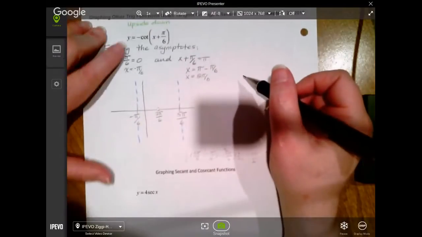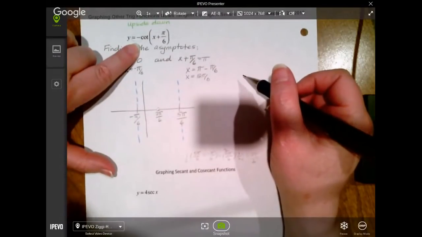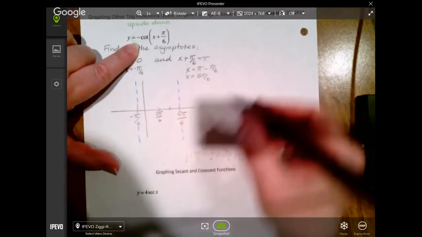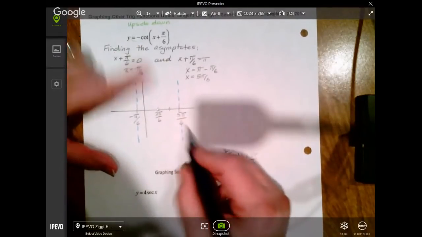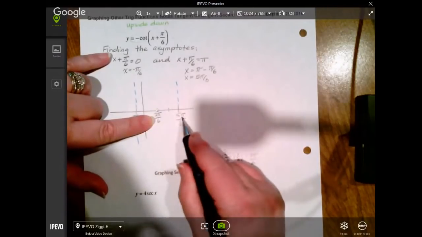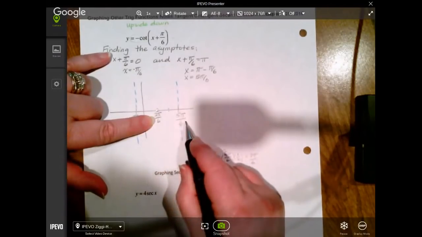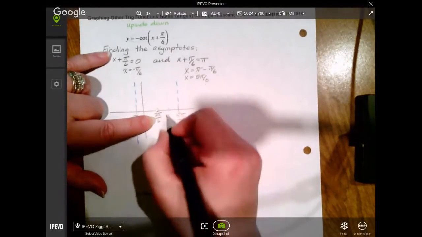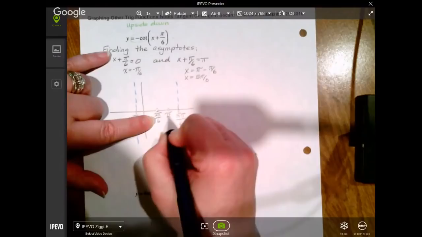All right, so this is a negative cotangent graph. Halfway between, we have to figure out what halfway is there. So how do I do that? I'm going to average these two points. 2 pi over 6 plus 5 pi over 6 is 7 pi over 6 times 1/2, which is 7 pi over 12.